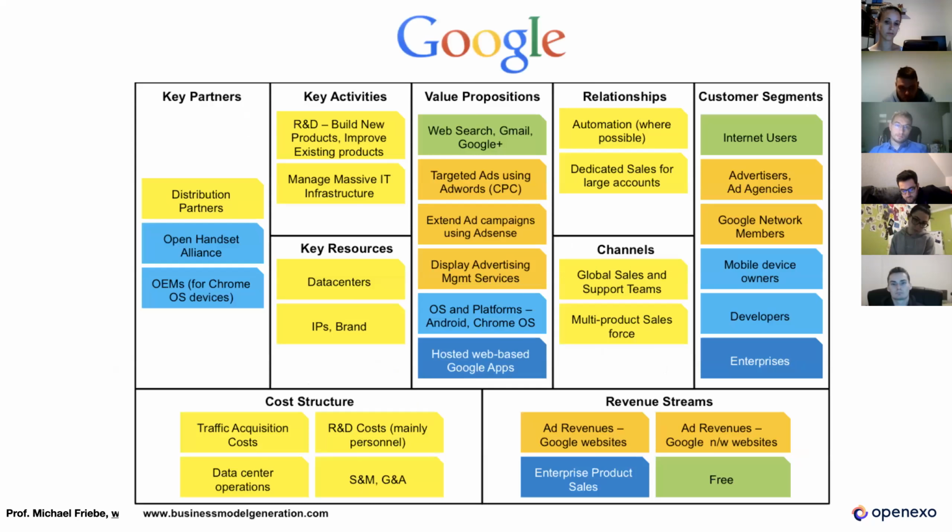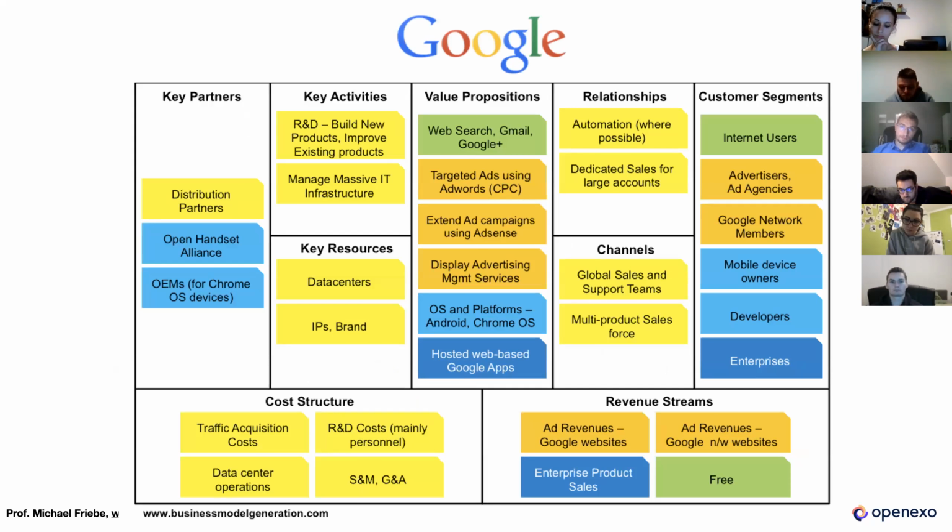And then if you look at Google, you have a value proposition that looks like that. You see a little bit the color coding that I mentioned before. So if you look at value propositions, web search, Gmail, Google+, it would go to all the internet users. If I have value propositions, I have targeted ads, it would go to the advertiser. So this one is a little bit color coded also.